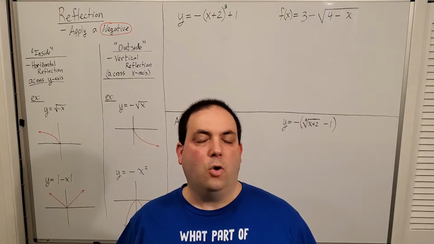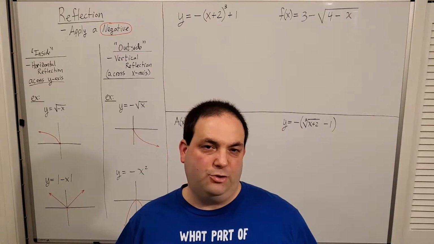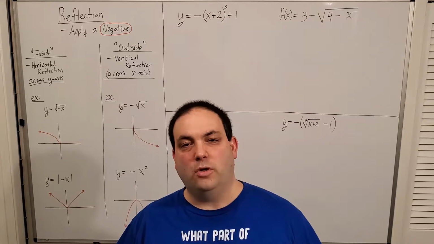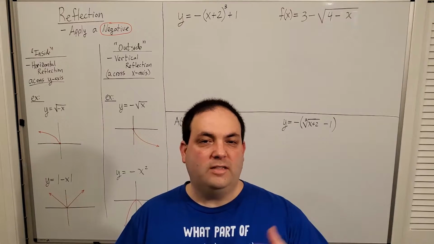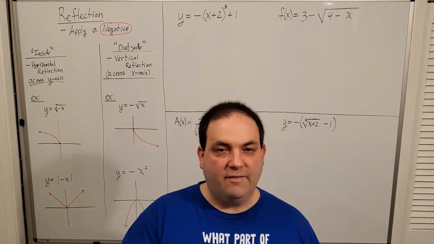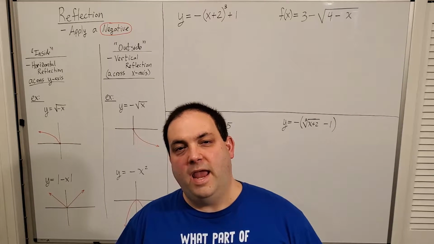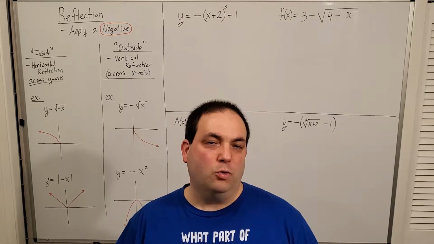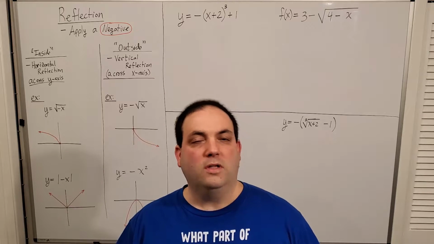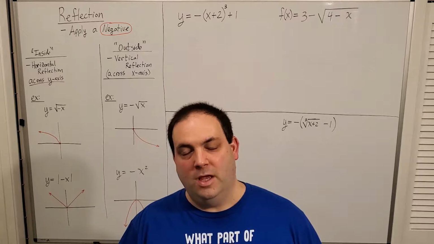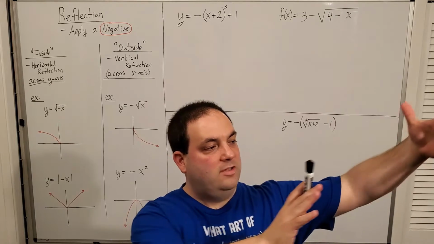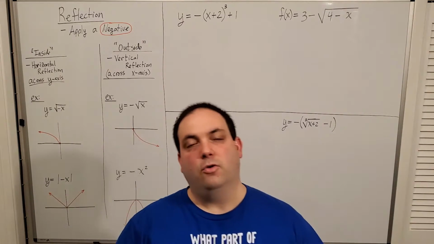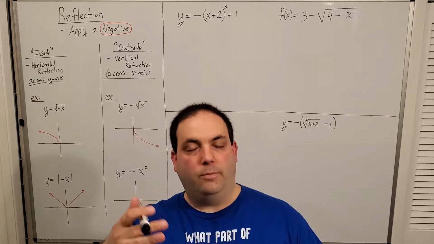The next category that we need to talk about is reflection. And really, this is sort of just an on and off type of situation. You either have the reflection or you don't. And the only reflections that we truly focus on are the ones that go around an axis. We don't typically reflect across lines that are way off center, or off to the left or to the right, or up, down, whatever.